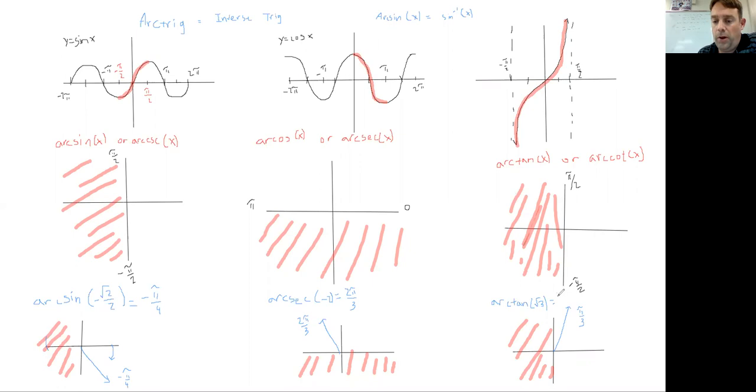So the answer would be pi over 3. This is a real quick review on just evaluating ratios using arc and being able to determine those angles. The biggest thing to remember is that every time we're dealing with an arc, that's actually an angle.